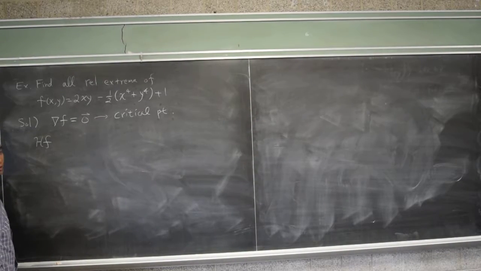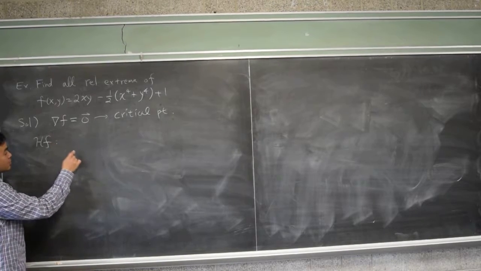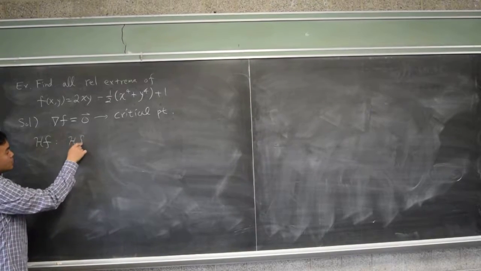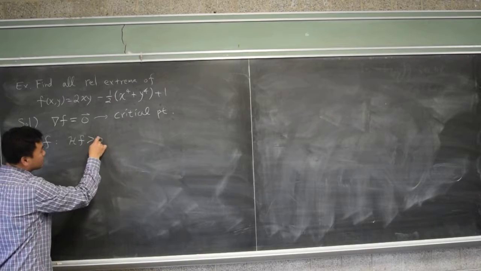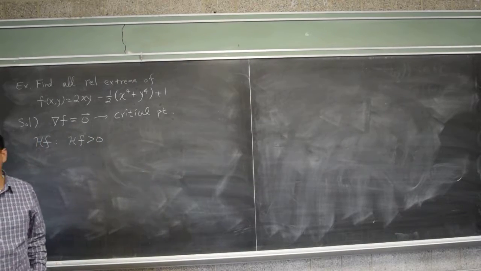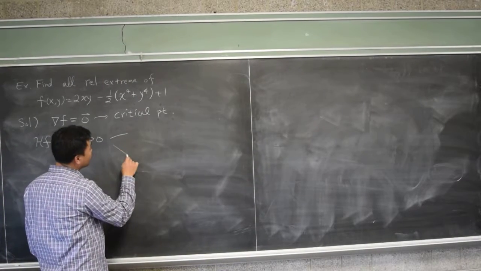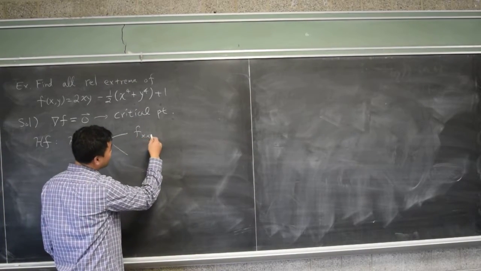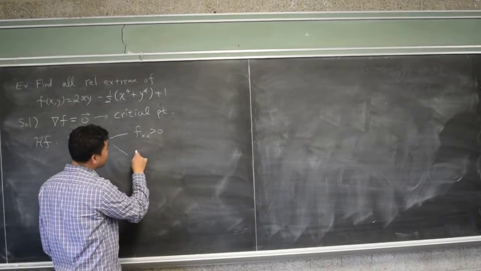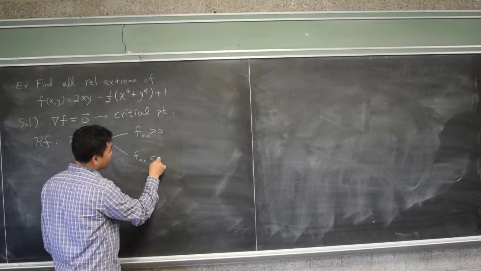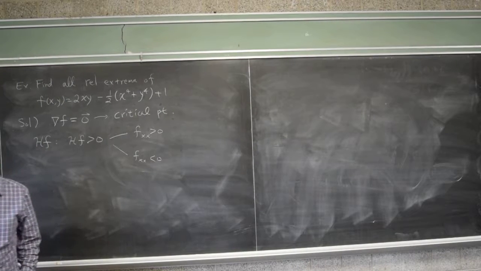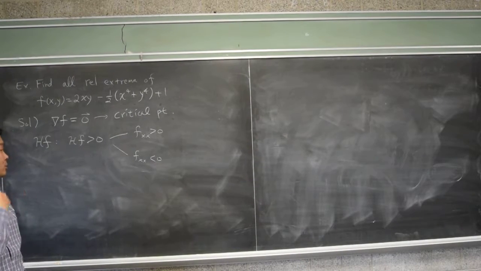And it has three different cases. One, if the Hessian of f is positive, that means there is no change in concavity as you go around. Therefore, whether fxx is positive or negative determines the concavity of the entire thing, in all directions.